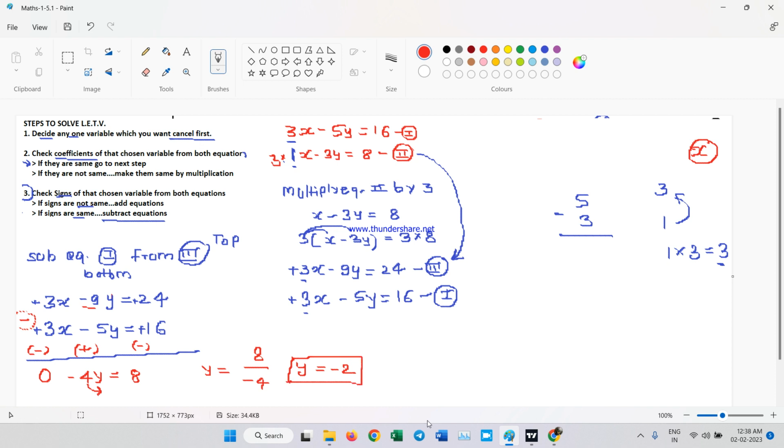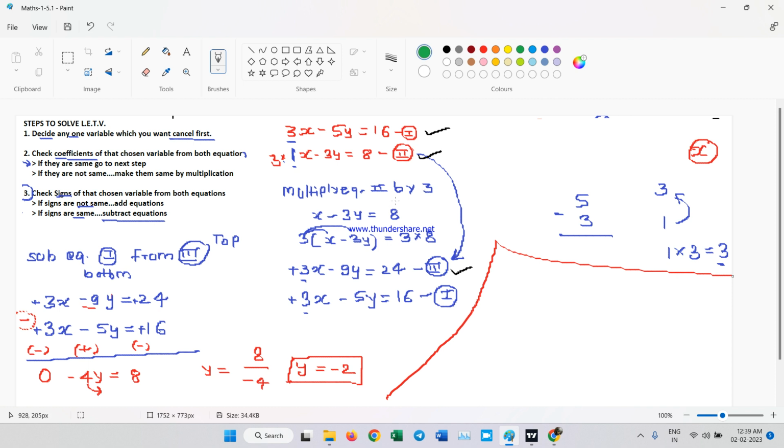So this is how we have done the subtraction. And as we know, the very next step is what? We are having 3 equations with us basically. Equation number 1, equation number 2, and this is the equation number 3. So I will select any simple equation to get the value of the other variable.